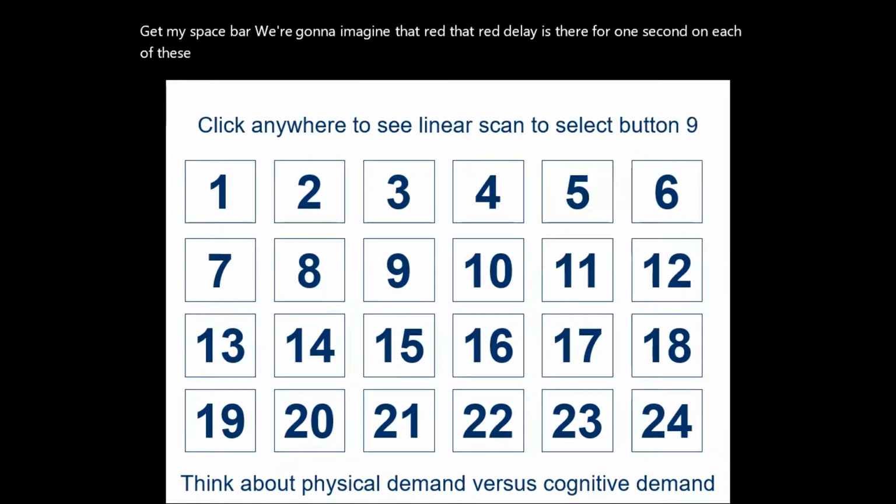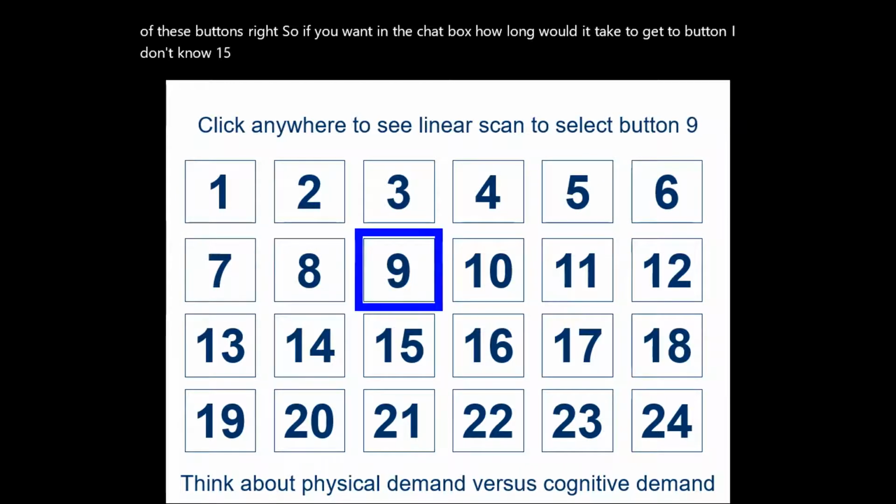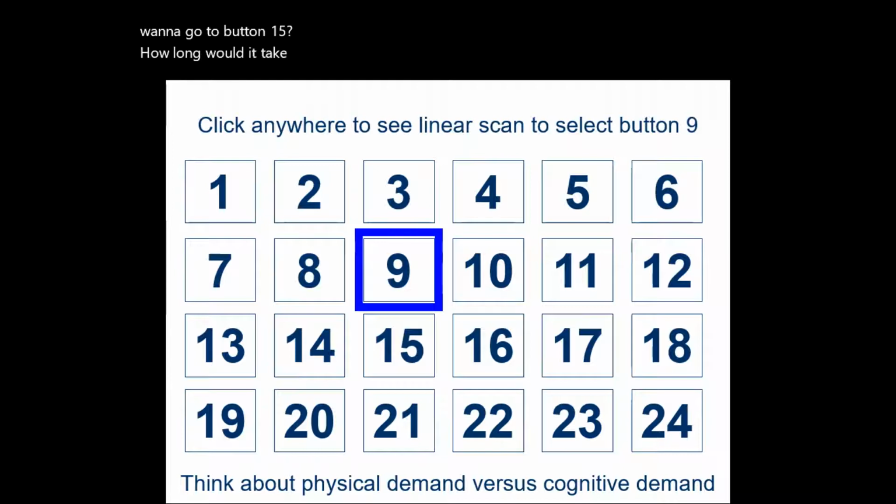If you want, in the chat box, how long would it take to get to button, I don't know, 15? If we're doing 1 second on each of those buttons, and we want to go to button 15, how long would it take to get there? And how many switch hits would it take to choose? I'm going with 15, even though it says number 9 on the screen.